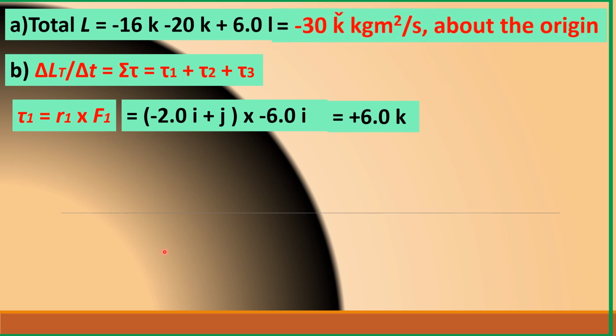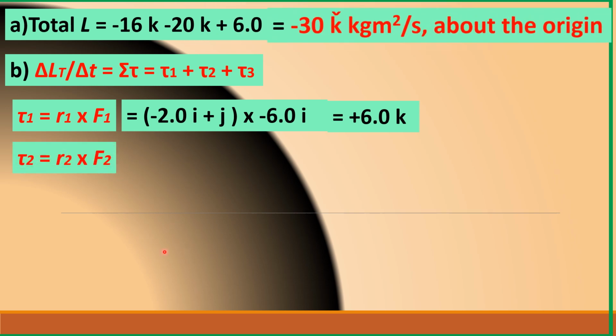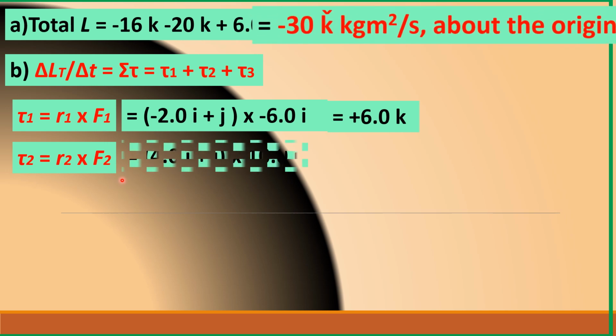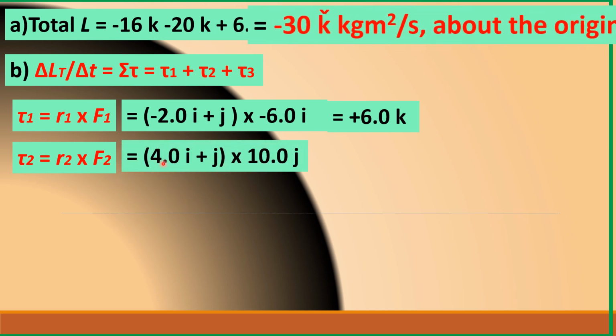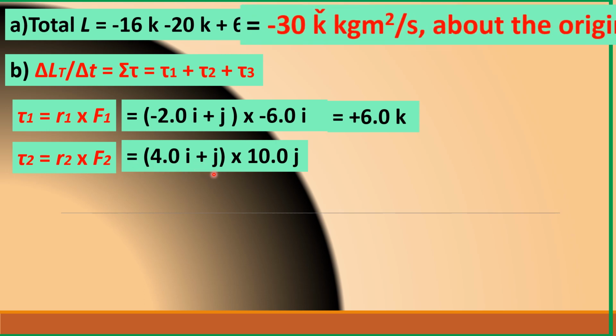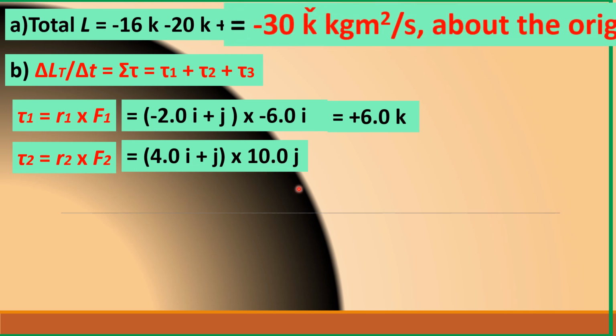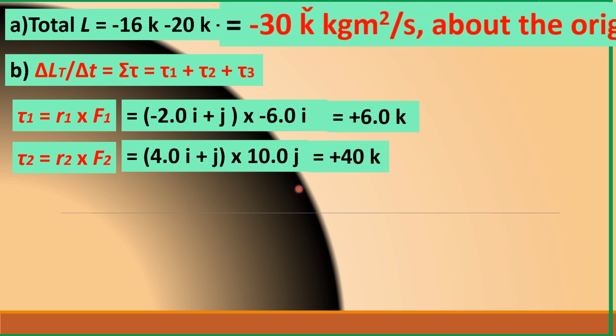Moving on to torque number 2. Torque number 2 is just the cross product of r2 by F2. Substituting, r2 is equal to 4.0i plus j, and F2 is equal to 10.0j. So doing our cross multiplication again, we get positive 40k.